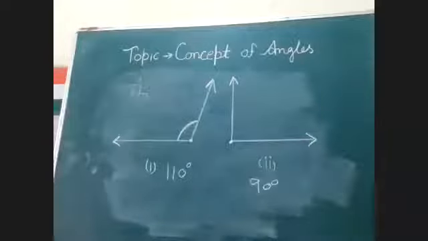So, after this lecture, with the help of a protector, you'll complete the first and the second question. Try to measure these angles with the help of a protector. Clear, beta?